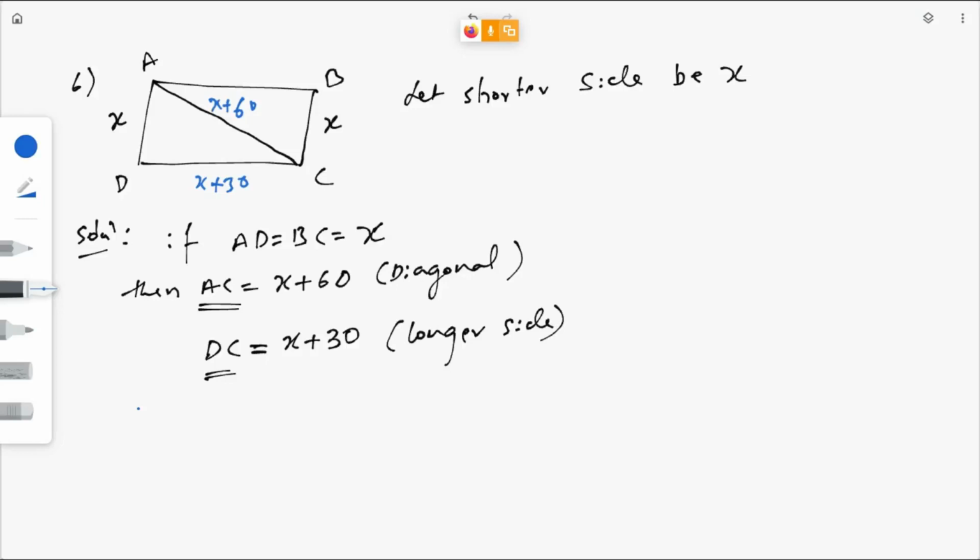So now your job is to find a quadratic equation out of this. We need to apply Pythagoras theorem to which triangle? Either one of these two triangles. Let me take this triangle.